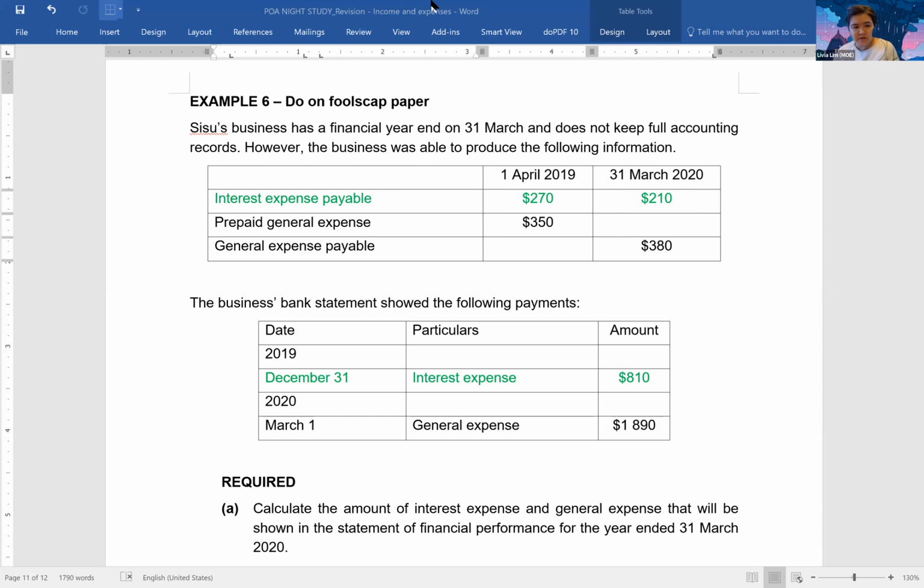So weird. Everybody got the general expense wrong. Did I calculate wrongly? Okay, so you do this first.